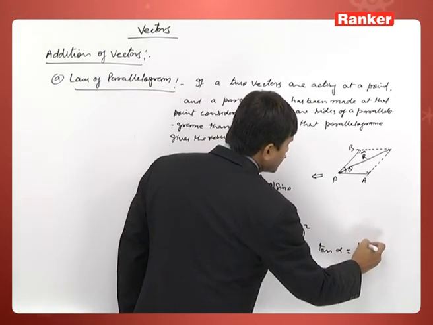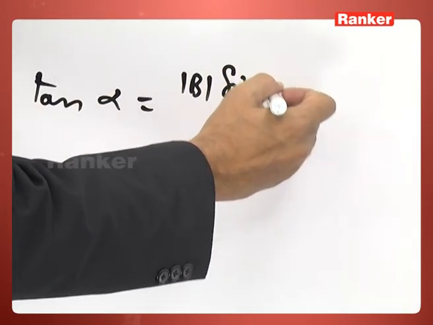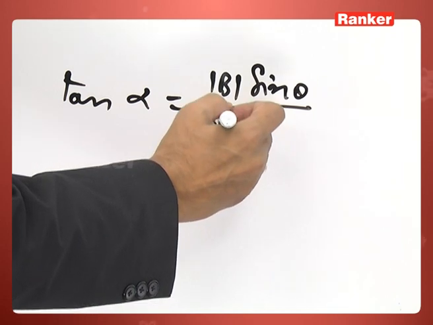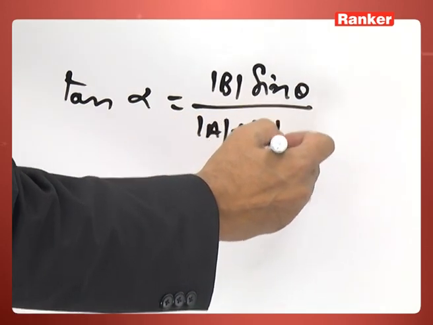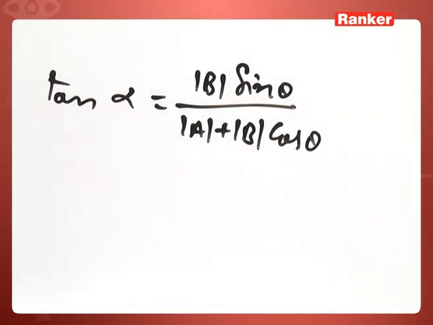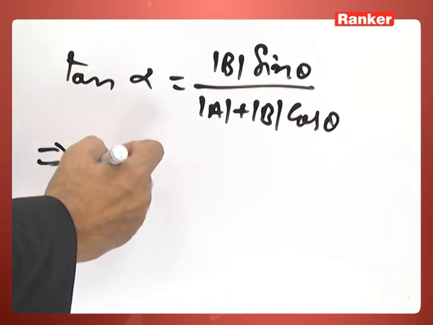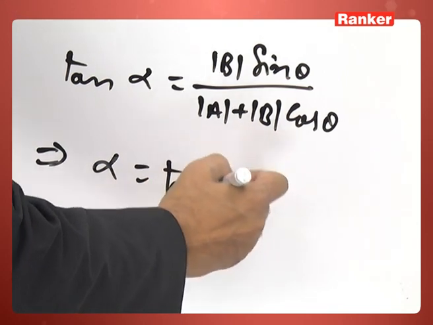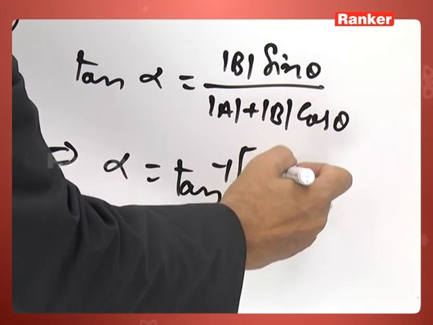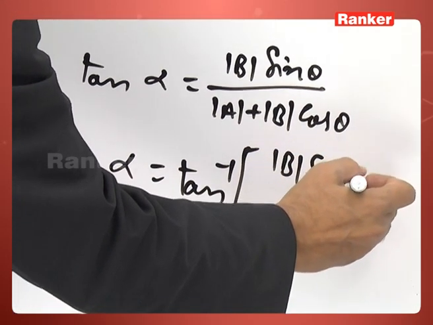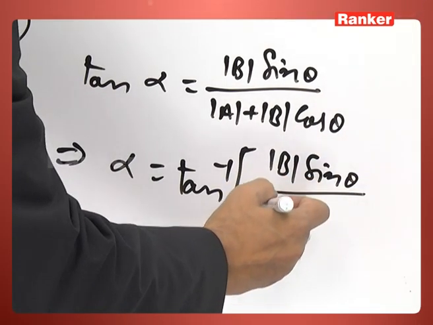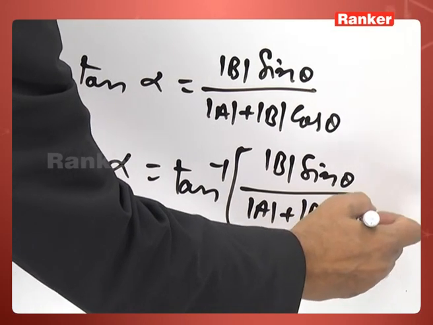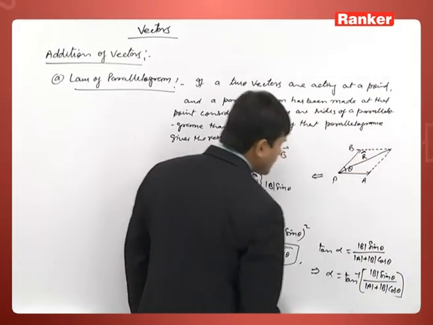This is mod B sin theta, and this is the base, which is equal to mod A plus mod B cos theta. So alpha is equal to tan inverse of mod B sin theta by mod A plus mod B cos theta.